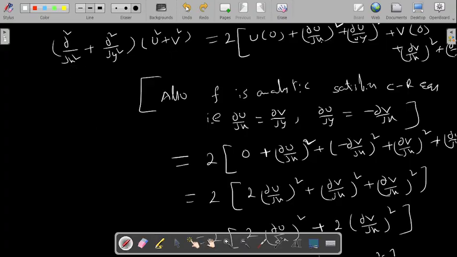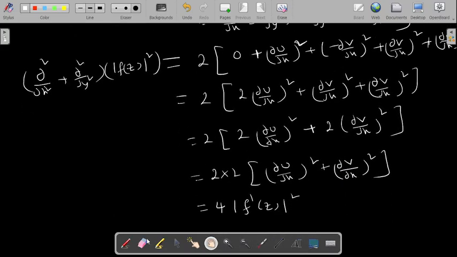Total value is (∂²/∂x² + ∂²/∂y²)(u² + v²) = |f(z)|².